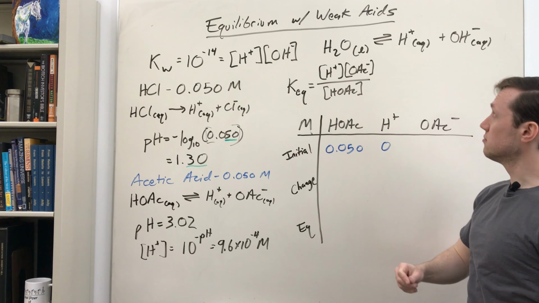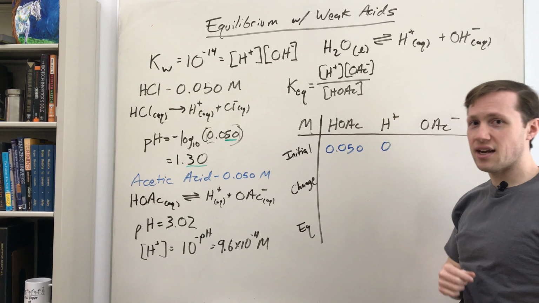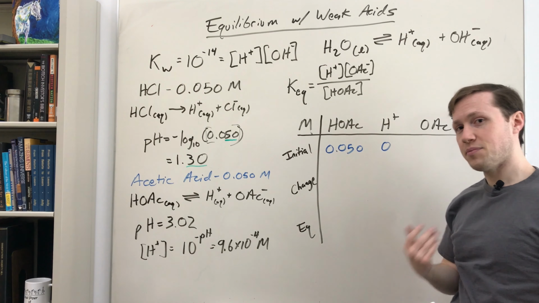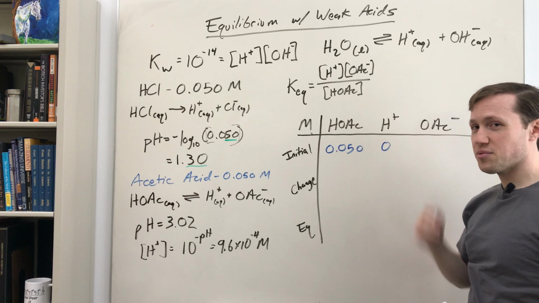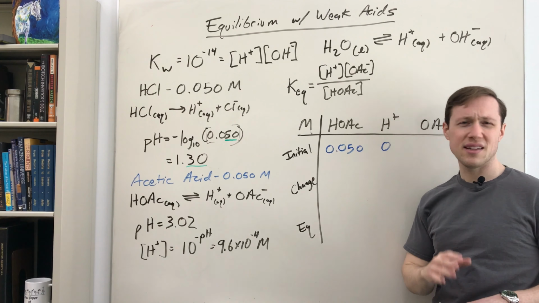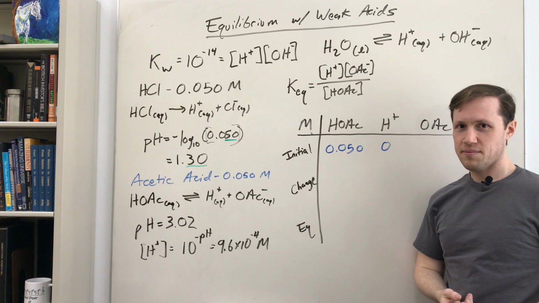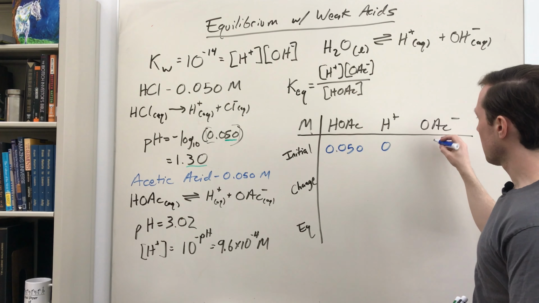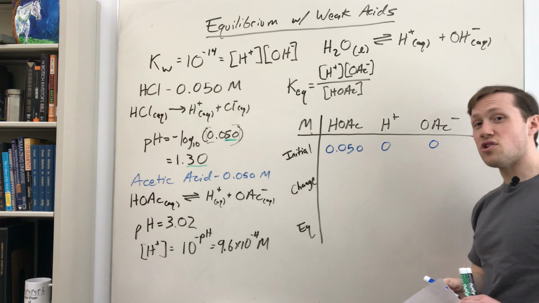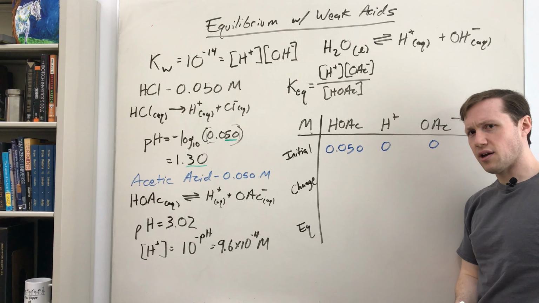And by comparison, our neutral water we started with would have had something like 10 to the negative 7 molar. That is pH 7. So in this case, this is an amount small enough that we can often get away with being a little bit lazy and calling it 0. Last but not least, we know that there is no acetate in solution. Okay, what else do we know?